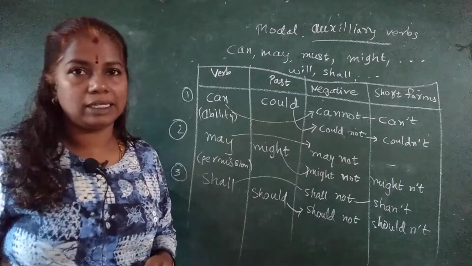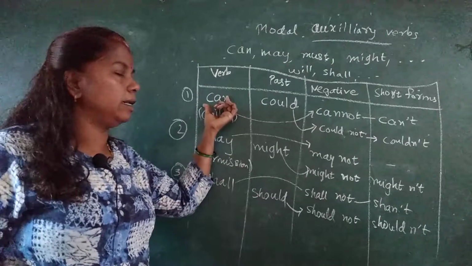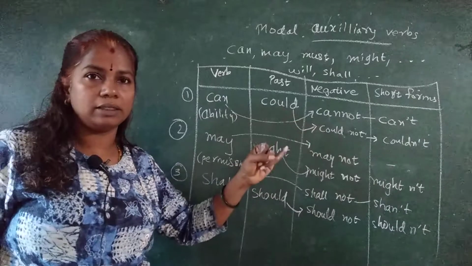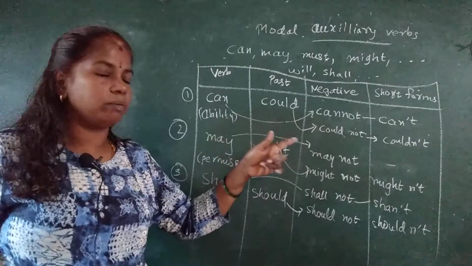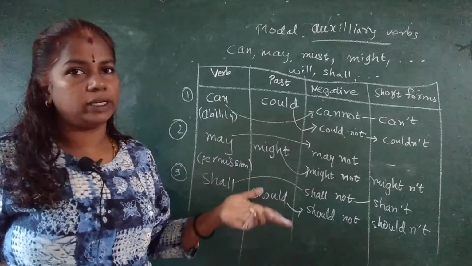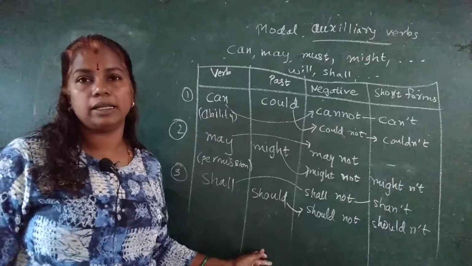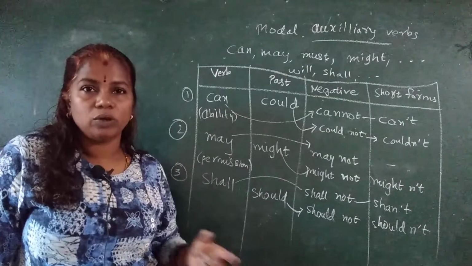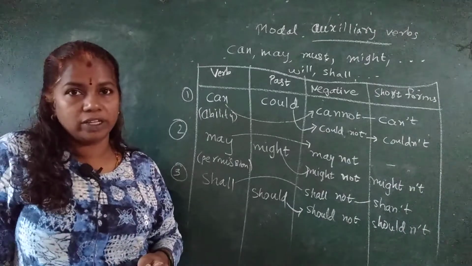I can write this like that. I gave you an example. The form is can. Past tense is could. Negative form is cannot or could not. Short form is can't or couldn't. So like that we can make a list and prepare a table like this. It will be helpful for you to refer, and at the same time your grammar will become very strong and we can communicate more effectively.